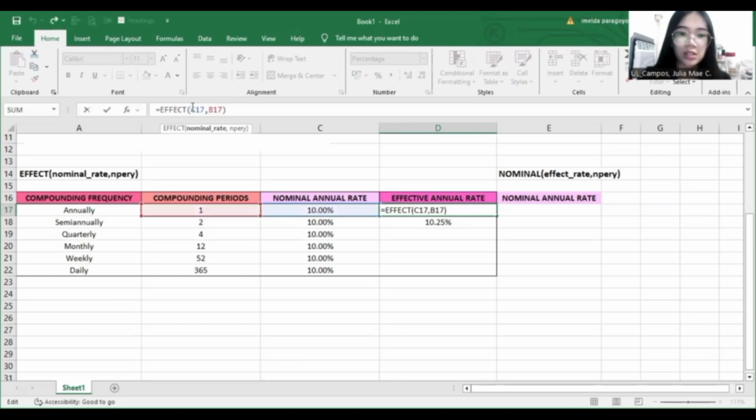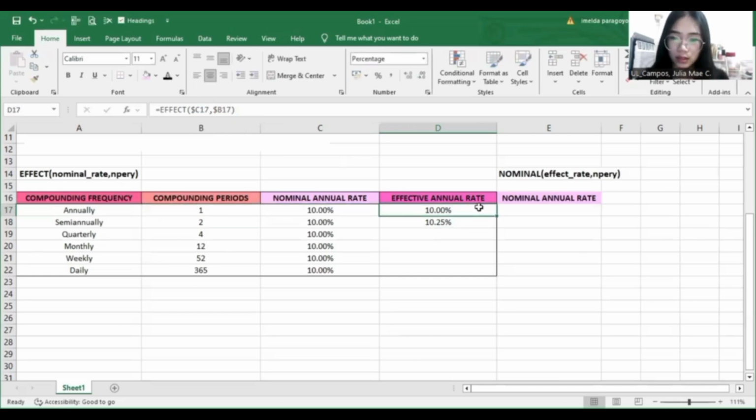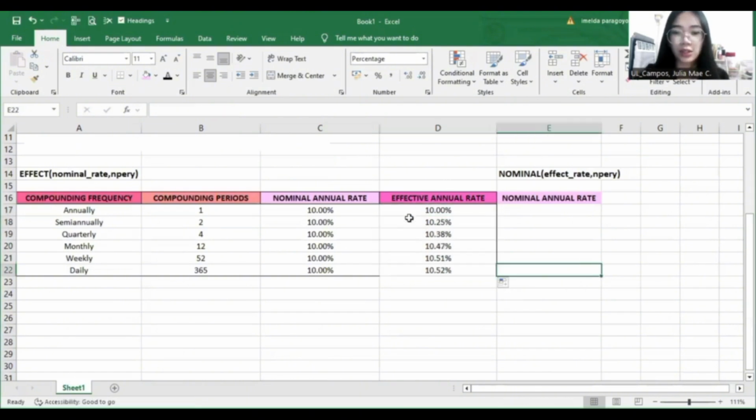Ilalagay tayo ng $ sign before this. Dito. So that's our effective annual rate.